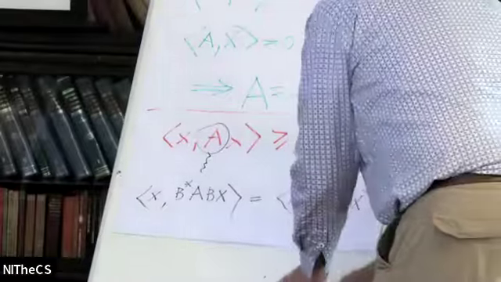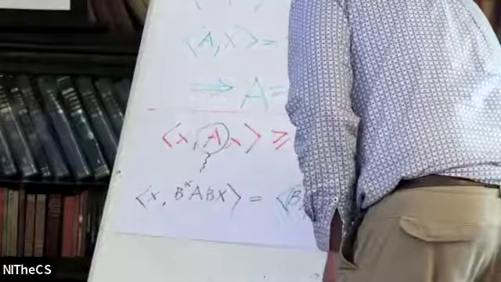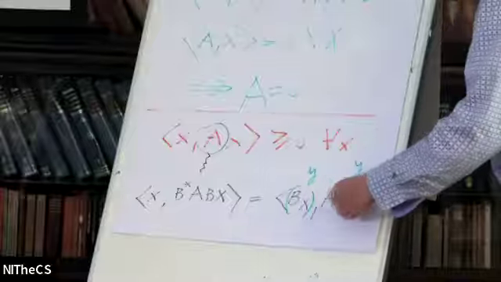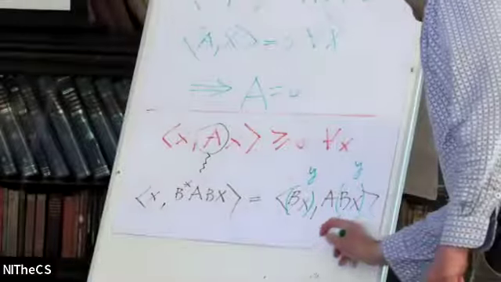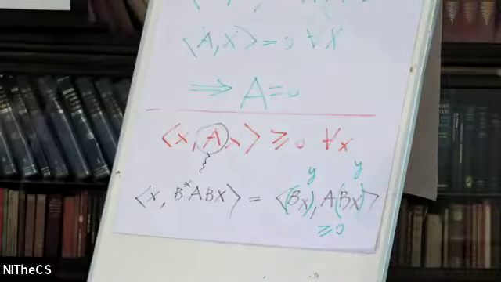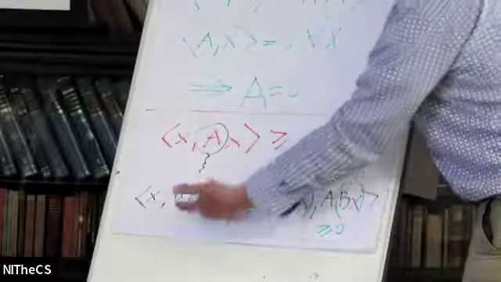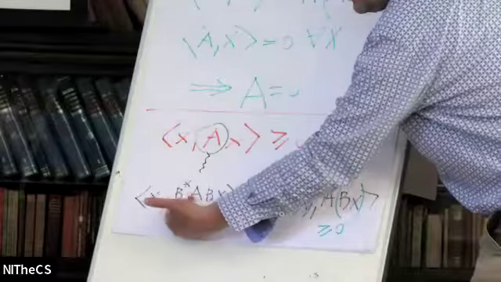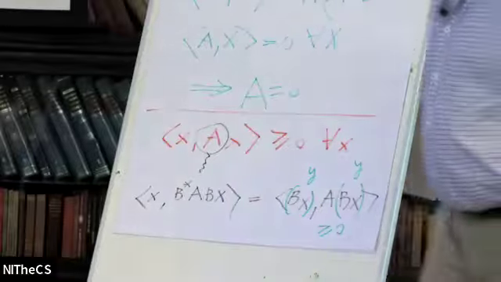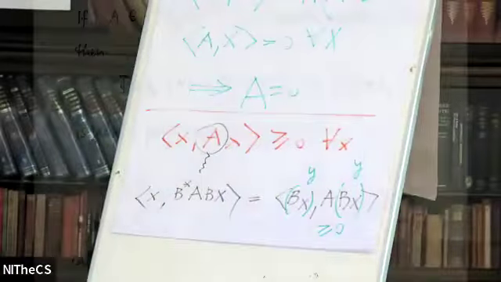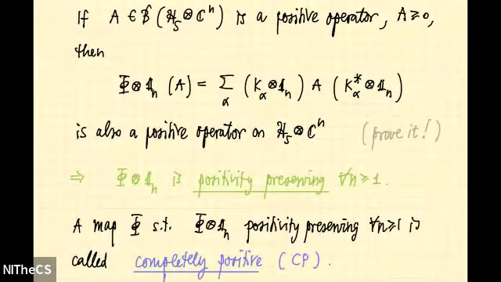And I can think of my Bx as some kind of y. So this is really a vector times A times the same vector, so this is non-negative. And so for all x, this thing is also positive. Whenever A is positive and I conjugate A with a B, B star A B, that's going to be positive too. I just told you why this is also positive. I said, prove it, and that's the proof. Okay? So what is my point here?